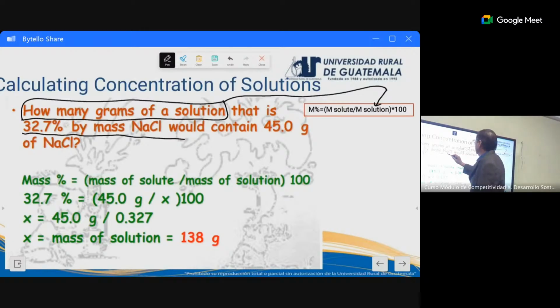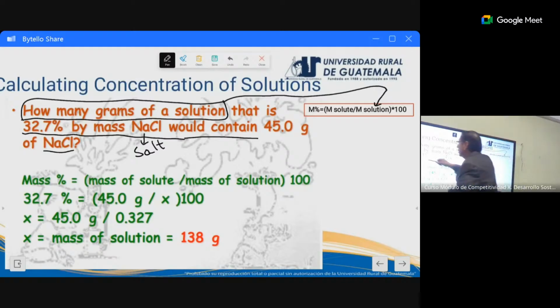It is salt. It is salt. Would contain 45 grams of salt.